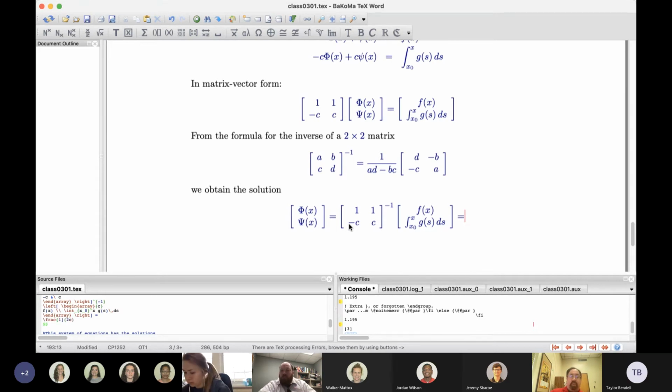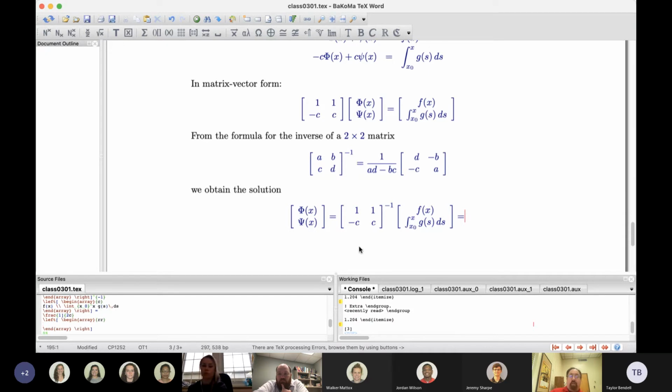So I get 1 over 2c times, all right, so I swap the diagonal entries.